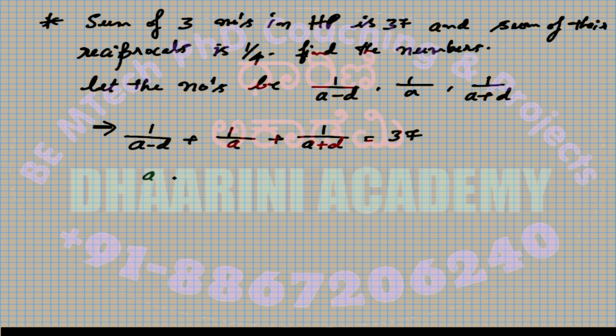We can take the common denominator: 1 divided by 1 minus 12d whole divided by 12, 12 is a common denominator, and in the second term, 12 goes to the numerator, plus 1 divided by 1 plus 12d divided by 12, equals 37.